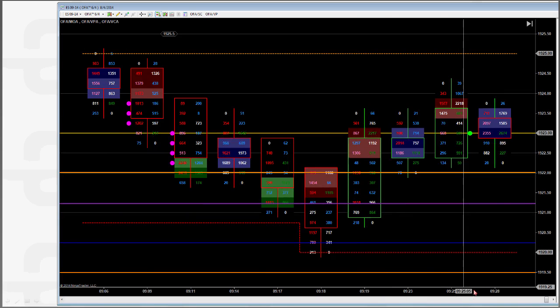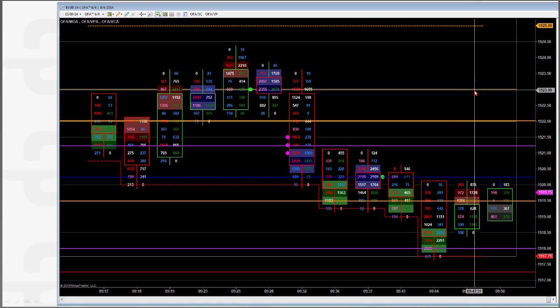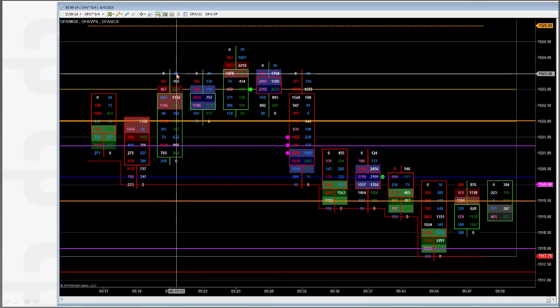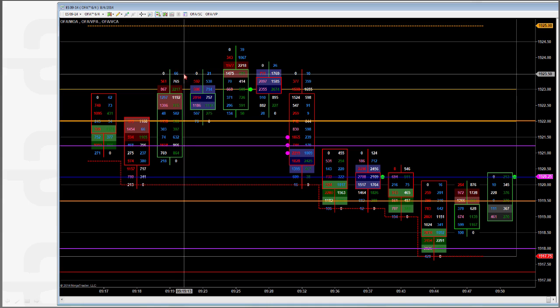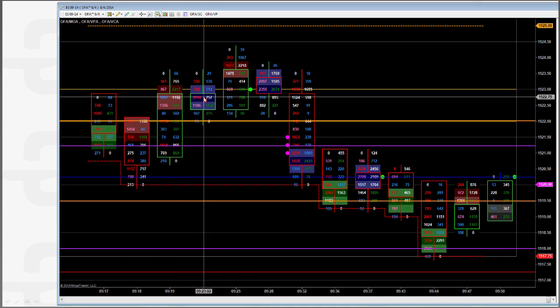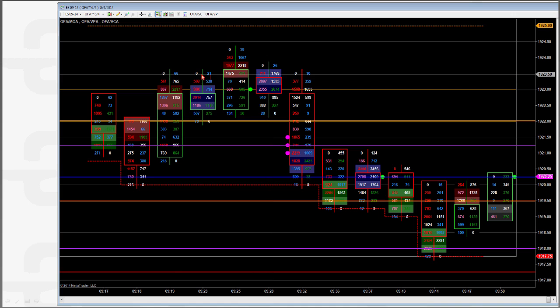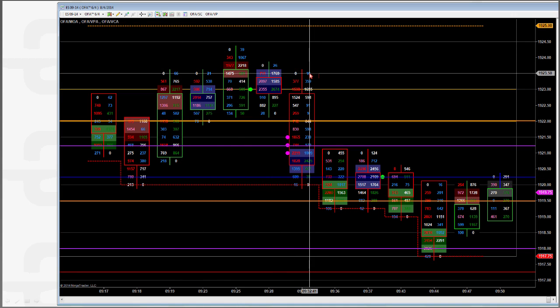So what am I looking at? And we're going to go through this again. What am I looking at up at 2350? I'm looking for buyers to try to push this higher. What do I see in the print? Weakness, neutral auction, selling cluster, neutral. There's no strength to the upside. No strength at the bid.